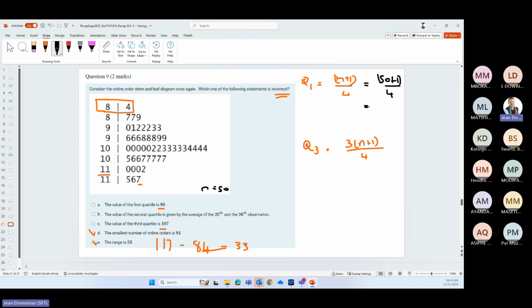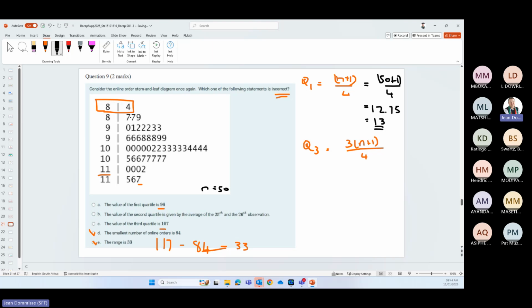Again, I must find my calculator, but I don't need to work on my cell phone. 50 plus 1 is 51, divided by 4 is 12.75. We know that we round it off, so we will look for variable number 13.